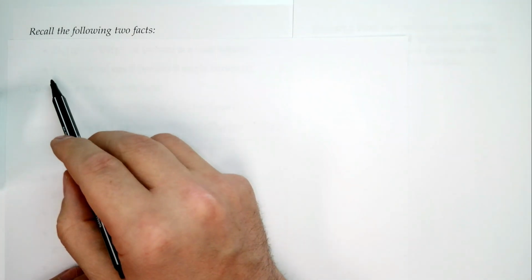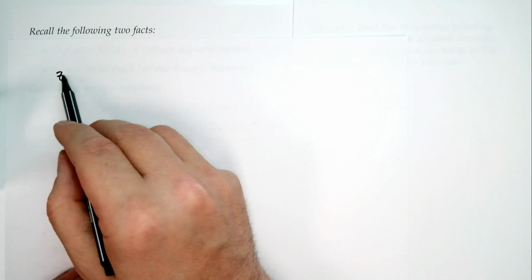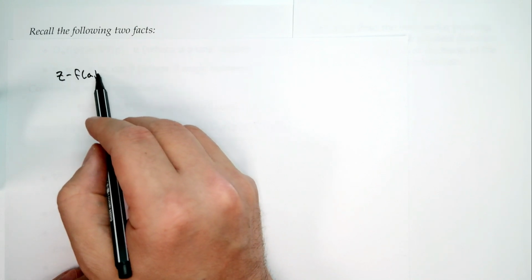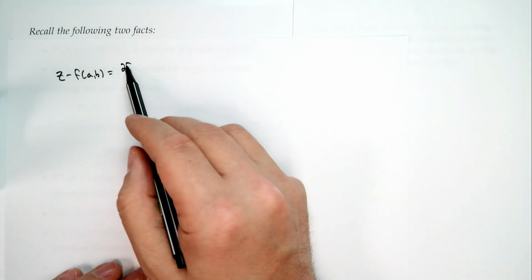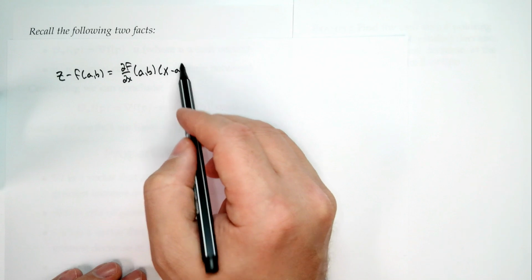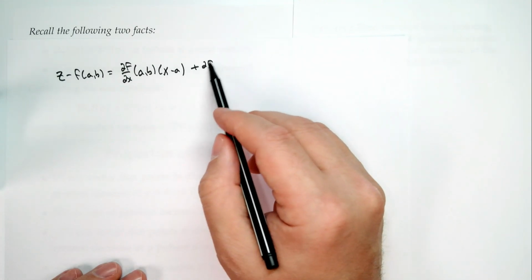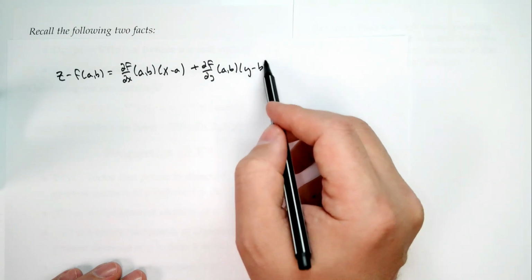We know that when we talk about the tangent planes, you can write z minus f of a b is equal to partial f partial x at a b times x minus a plus partial f partial y at a b times y minus b.